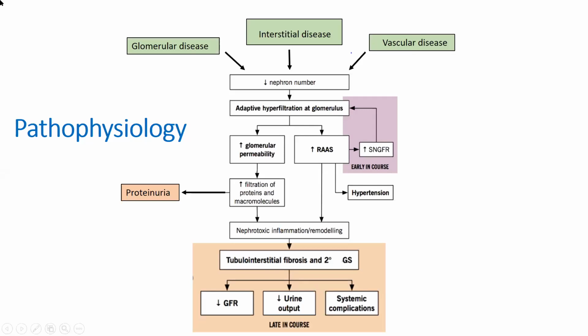So whether you have a glomerular condition, interstitial disease, vascular disease, it goes through many pathophysiological processes and finally leads to tubulointerstitial fibrosis with glomerular sclerosis. And that is when you consider this patient to have chronic kidney disease, and therefore your GFR starts going down, the patient's urine output starts going down, and then the patient starts developing complications secondary to the underlying chronic kidney disease.